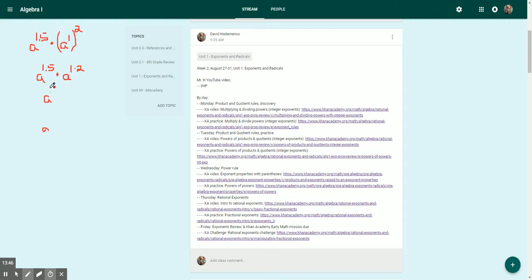So this is a to the 1.5 times a to the 1 times 2, which is 2. And now we have the same bases, so we can add our exponents. So it will be a to the 1.5 plus 2, which will give us a to the 3.5. And you can actually plug this into your calculator and it will work out.